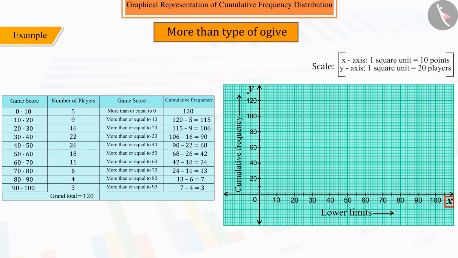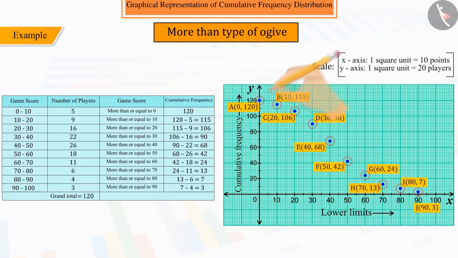Here, on the x-axis, we will take one square unit equal to 10 places, and on the y-axis, one square unit equal to 20 places. Let us now mark the corresponding points A, B, C, D, E, F, G, H, I, and J of ordered pairs obtained from all these lower limits and corresponding cumulative frequencies on the graph. And join all these points carefully.